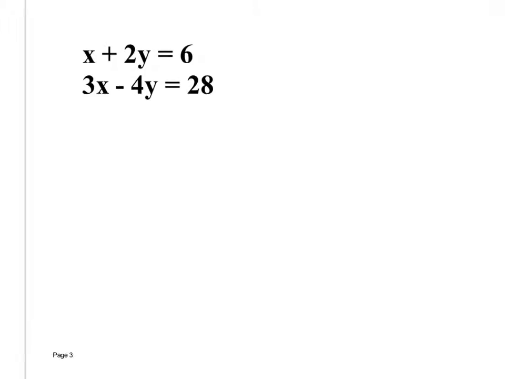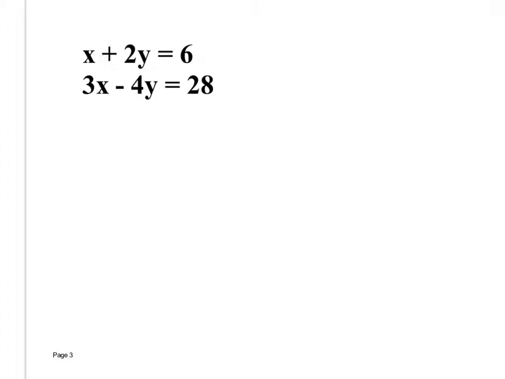Here, we don't have one of the equations that's already isolated. We don't have a variable that's already by itself. So we have to solve for one. It doesn't matter which equation you want to solve for x or solve for y. You get a lot of options here. You can solve for x on the first one, you can solve for x on the second one, solve for y on the first one, or solve for y on the second one. Doesn't matter.